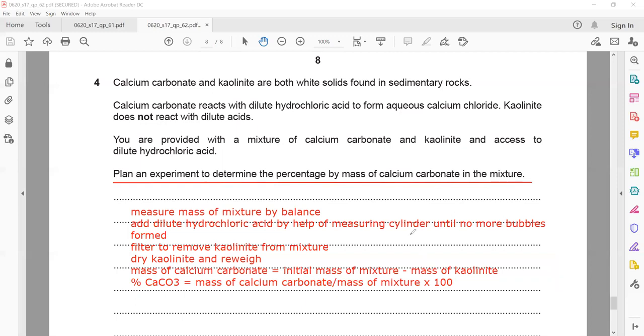So this will give you the percentage of calcium carbonate present in this mixture. Is this experiment clear?